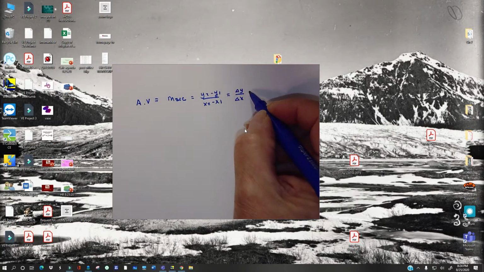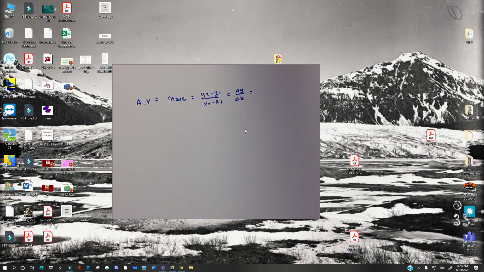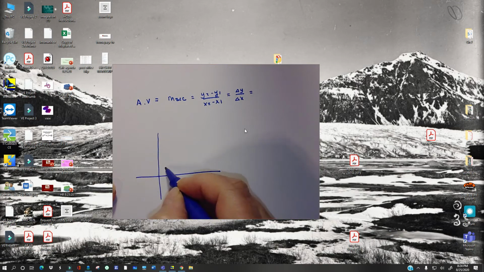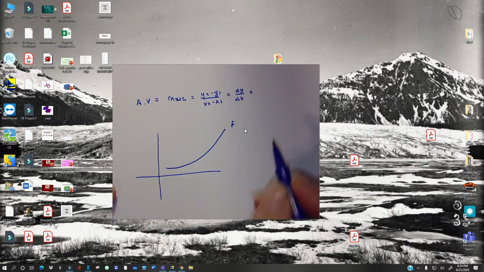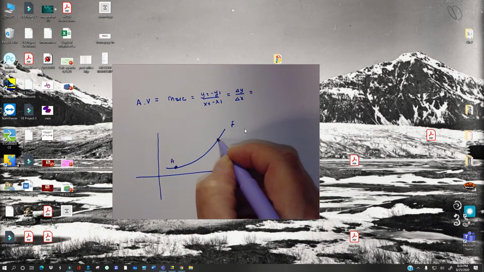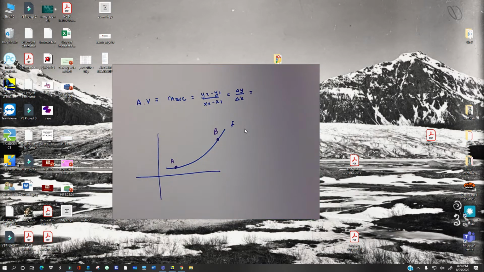Which can also be written in another form. So let's just suppose we have a function here, and I'm going to call this function f. All right, and I have a point A right here and a point B right here, okay? Remember, this is time and this is distance always, but we refer to the t-axis as the x-axis, so we use them interchangeably.